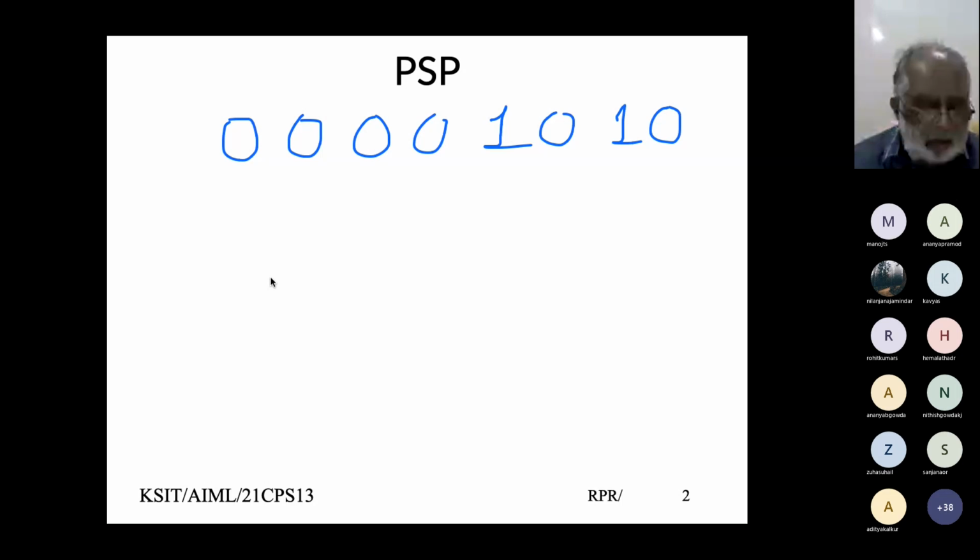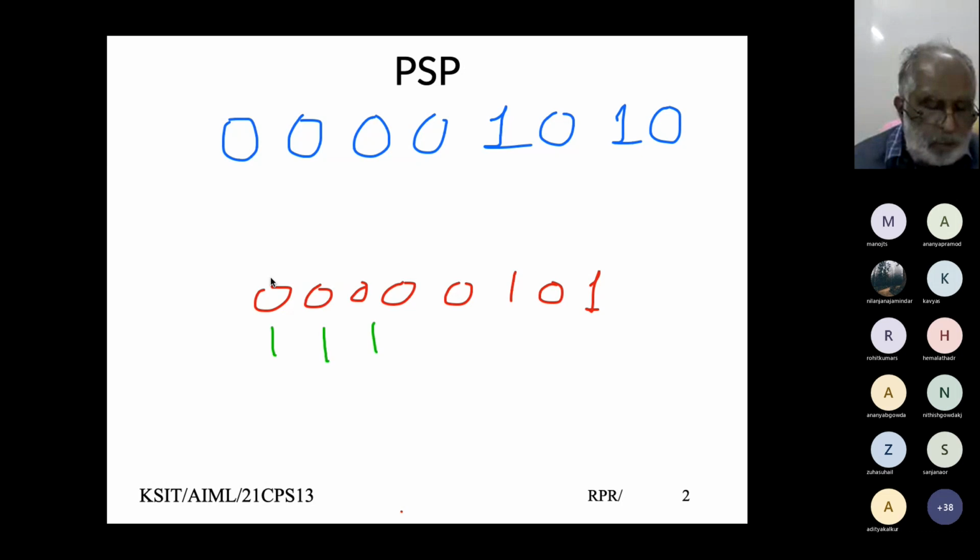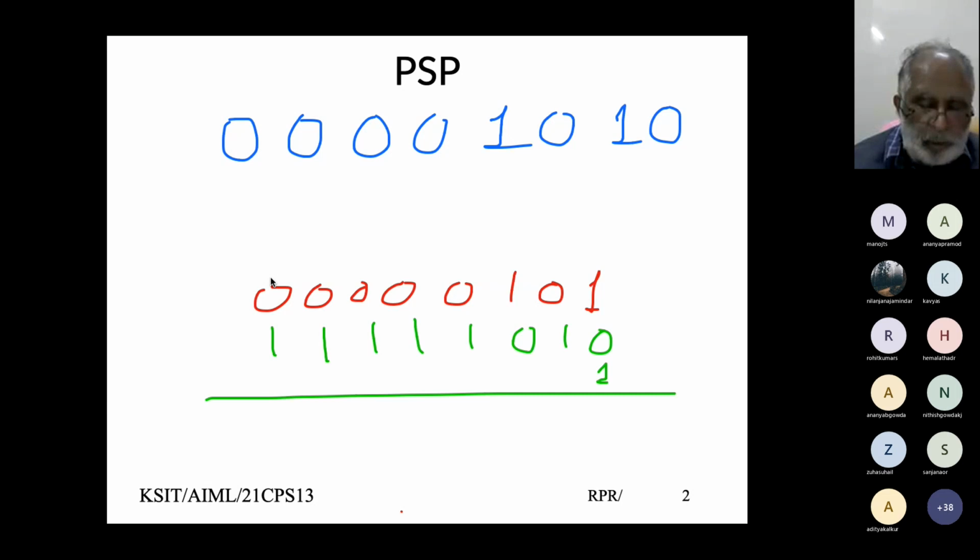We take two's complement of 5. If we take a normal 5, it was 0 0 0 0 0 1 0 1. I take one's complement: 1 1 1 1 1 0 1 0. I add 1 to it to get two's complement. What I get is 1 1 1 1 1 0 1 1.